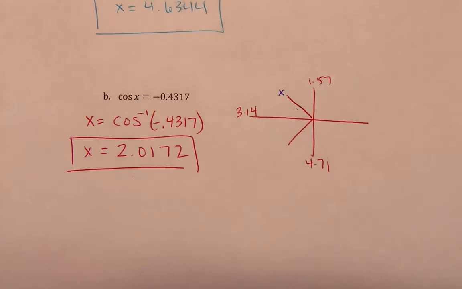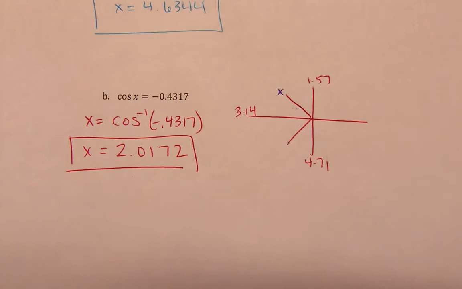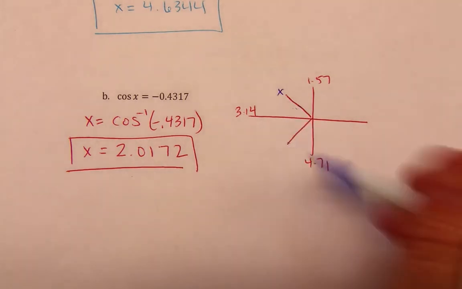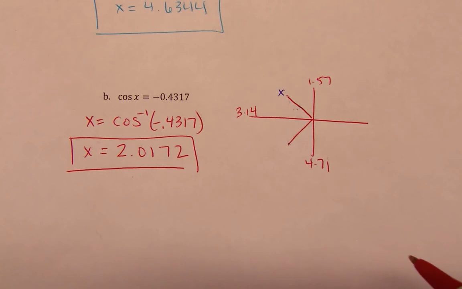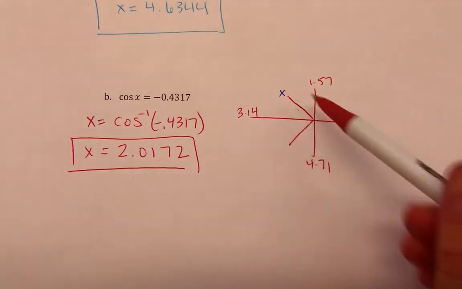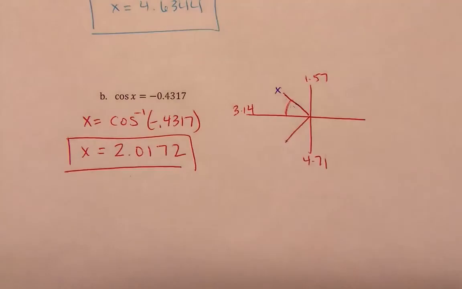So this is the x that we just found. But we need to find the same one in this quadrant. Well, we want to have the same x value here. And so what we can do is this distance right here, this reference angle, we can find that.